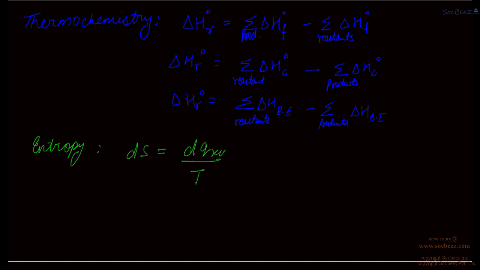And now for finite changes, delta S equals q reversible upon temperature. Okay, so there are many ways. Suppose a solid is heated.